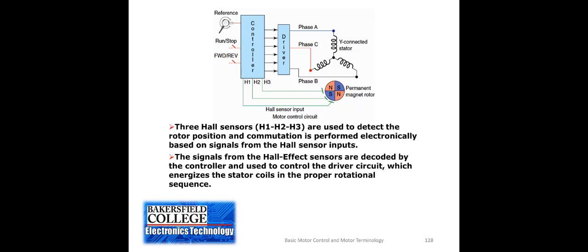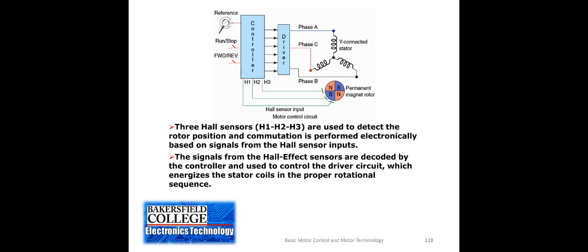And as I said before, because the coils are independently energized, if we wanted to lock that shaft of the motor solid and have it not able to spin, have 0 RPMs of rotation, we could still energize those stator coils and the motor would stay locked in that position.